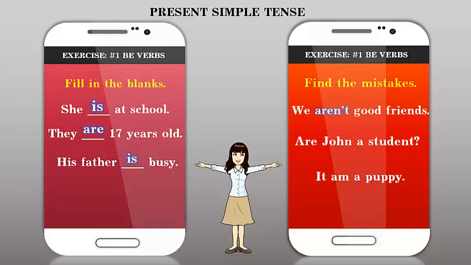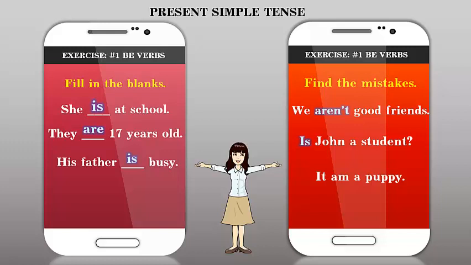The next sentence, can you find the mistake? Are John a student? Think about the subject of this sentence. The subject is John, and for John, the subject pronoun is he. Therefore, we don't use are, we use is. Is John a student? And finally, it am a puppy.